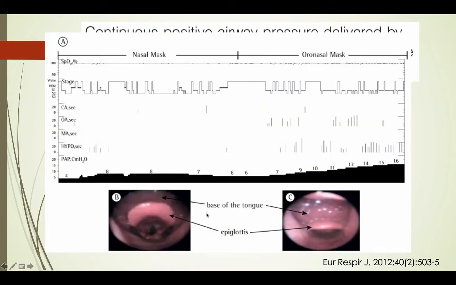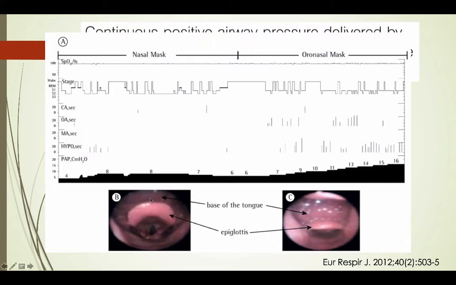Similarly, this study again highlighted that, and this also gives an insight into the mechanism why oronasal mask leads to poor opening of the airway. So we need to look at this study.